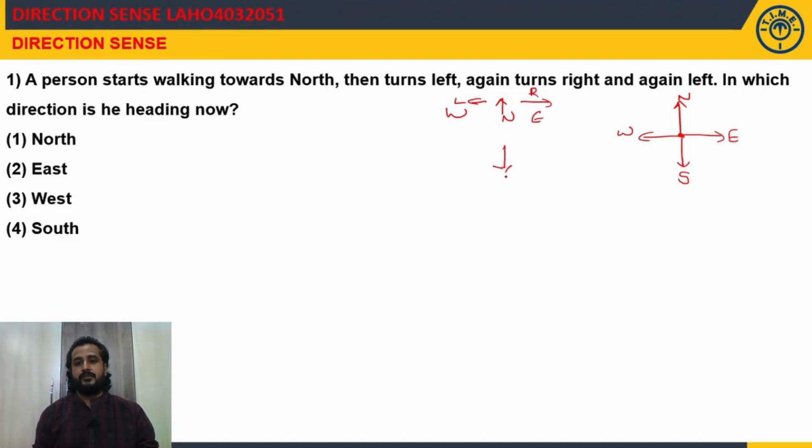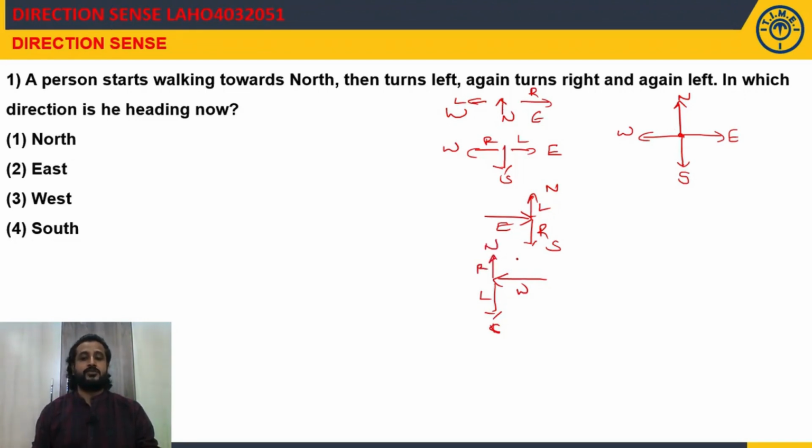While moving towards south, left hand side is east, right hand side is west. While moving towards east, left hand side will be north and right hand side will be south. While moving towards west, left hand side will be south, and right hand side will be north. These are the basic points you must know.